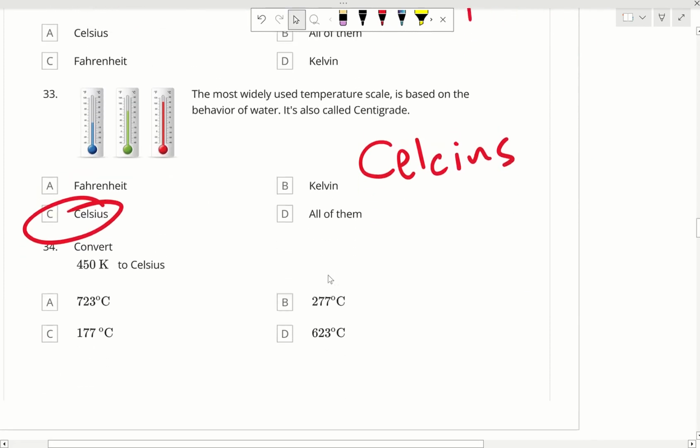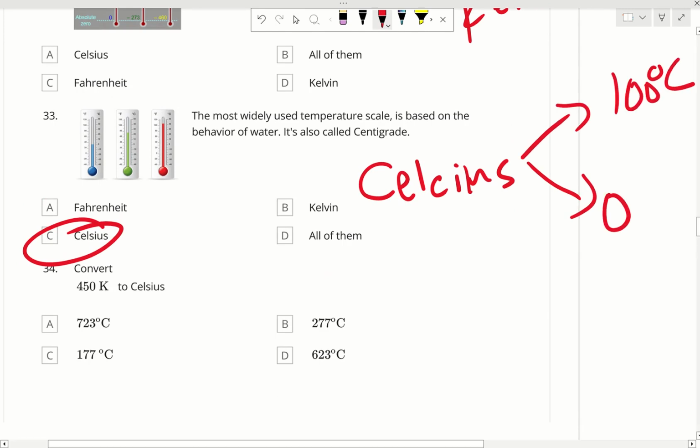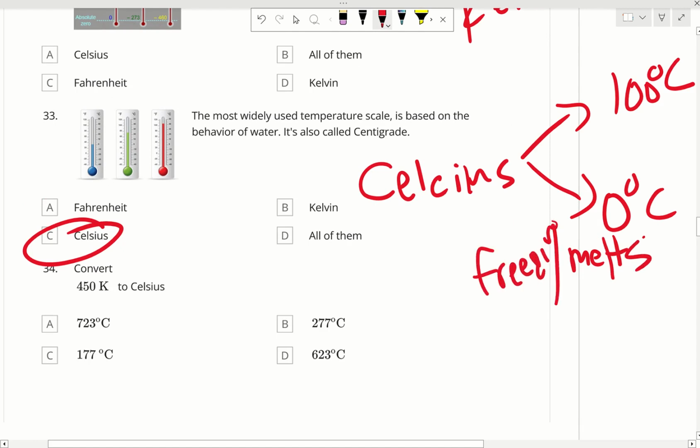And you know Celsius, water boils at 100 degrees, and the freezing point and the melting point is 0 degrees.